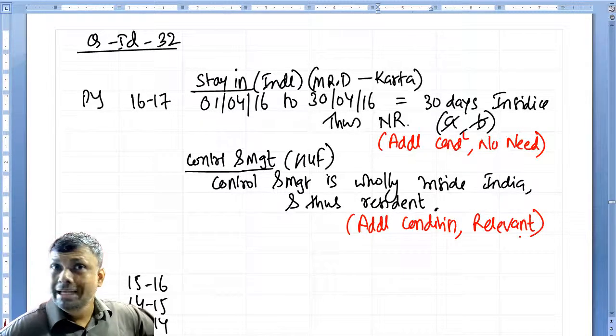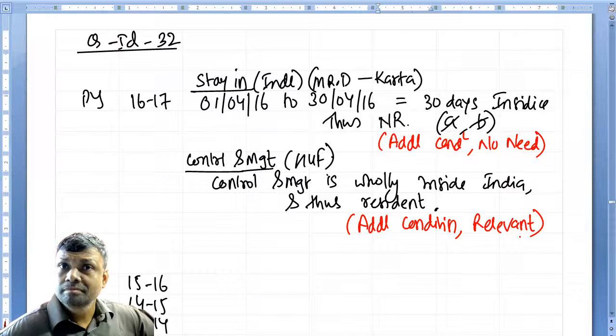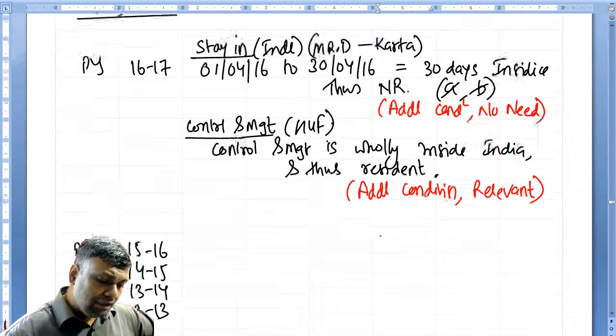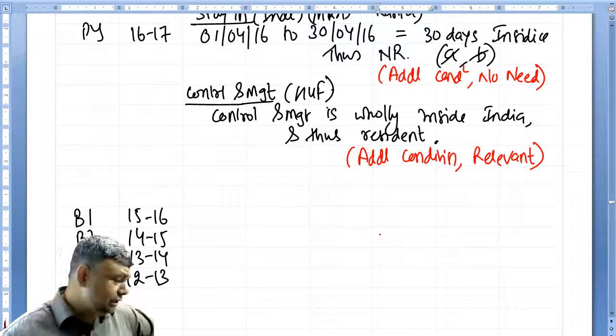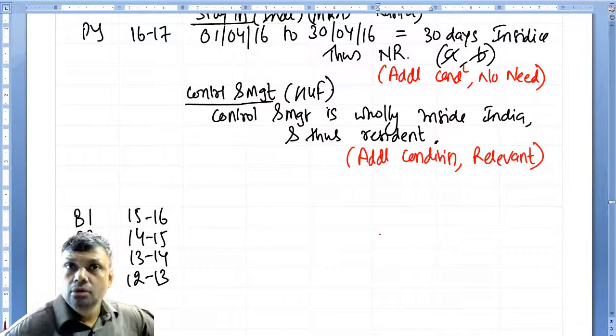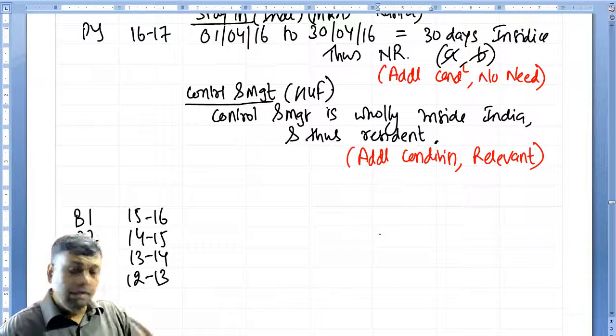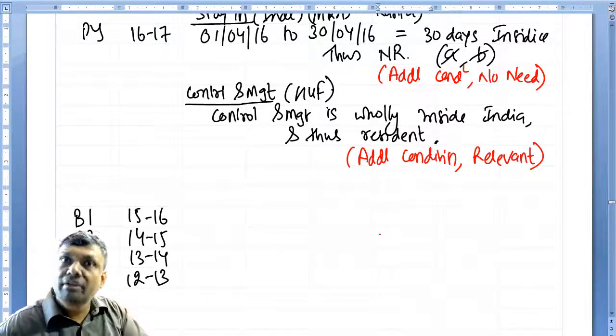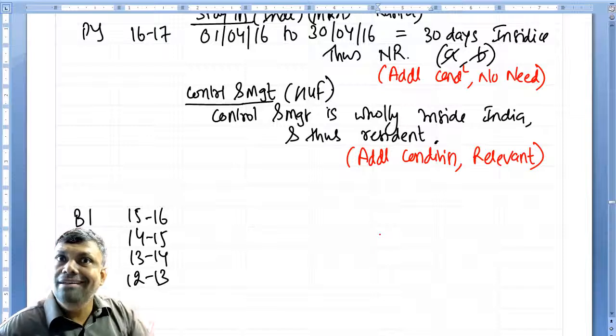I guess that this is very clear, friends. Okay, so now we are testing these additional conditions. We are testing these additional conditions with respect to Karta, but we are testing it for the HUF, not for his personal capacity. Because in personal capacity, that gentleman is already non-resident.